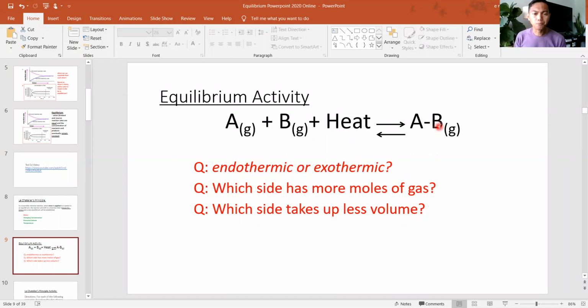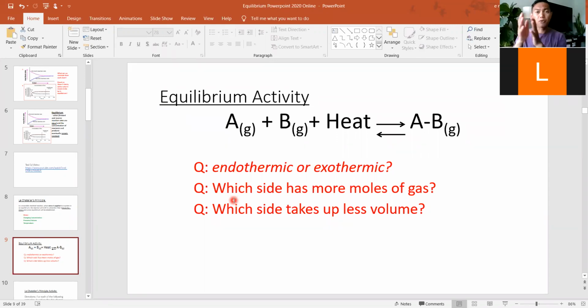The other thing we have to account for when dealing with Le Chatelier's principle is counting the number of gases. It turns out that when dealing with a change in pressure and volume, the main thing that's really being affected is how many gases you have on the reactant side versus how many gases you have on the product side.